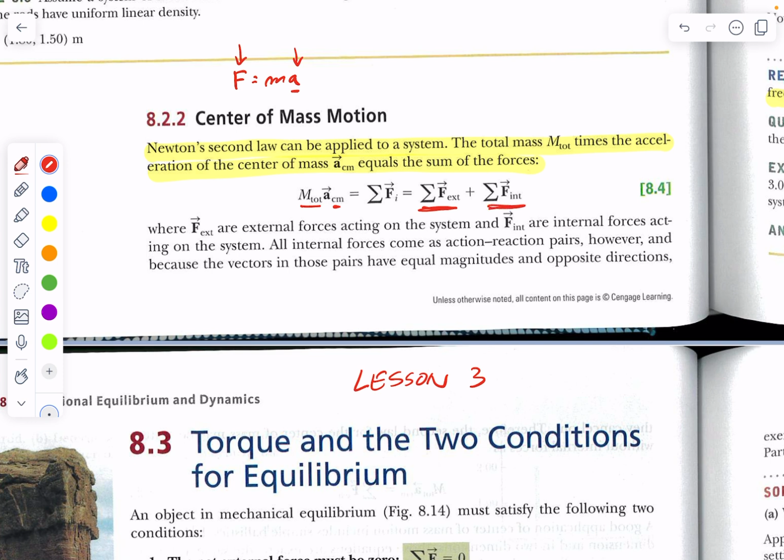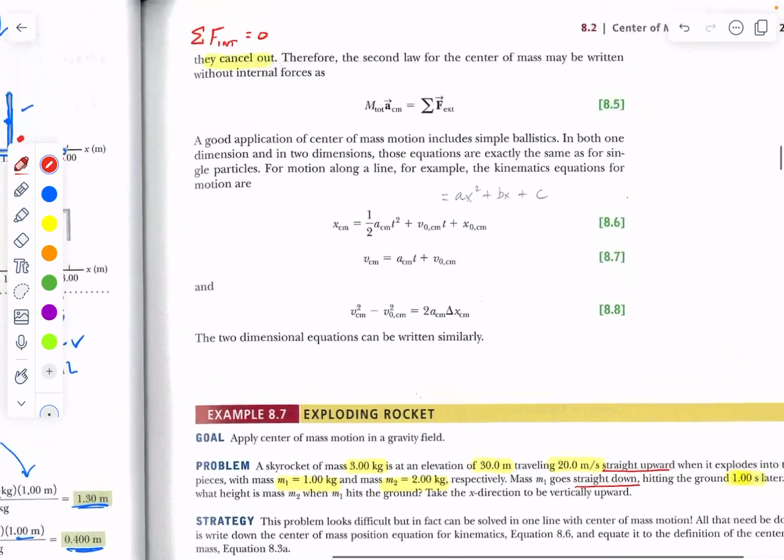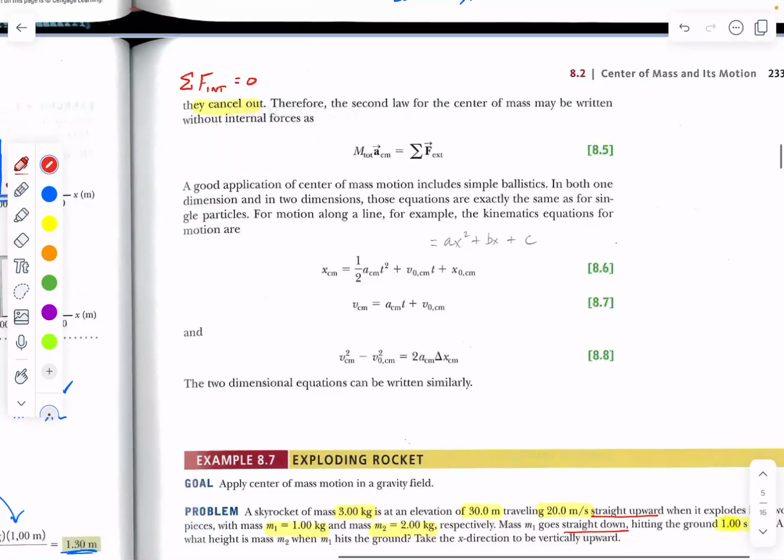Now, we should point out that any object internally is at equilibrium. Your iPad, your water bottle, your pencil, these things internally are at equilibrium. Otherwise, there would be acceleration going on inside the object. So when we come over to the next page, the summation of the internal forces equals 0.